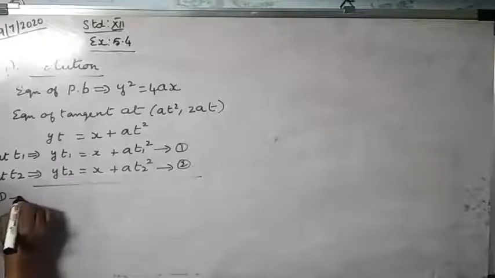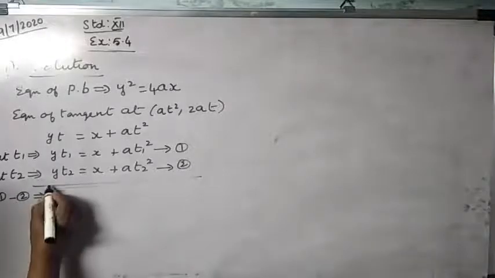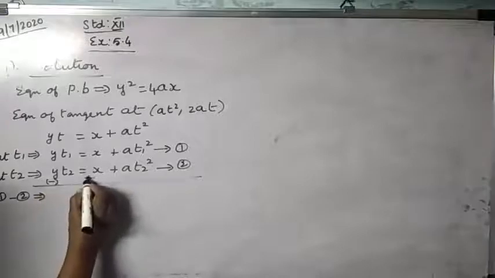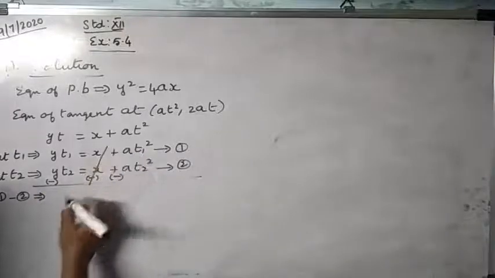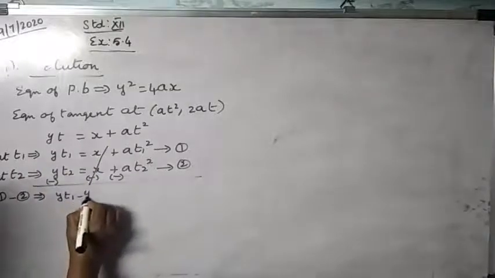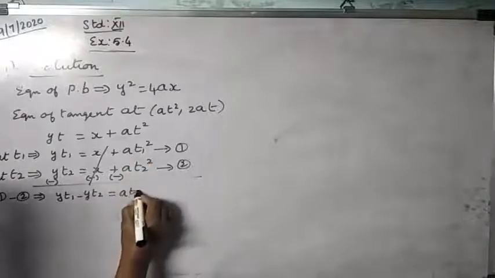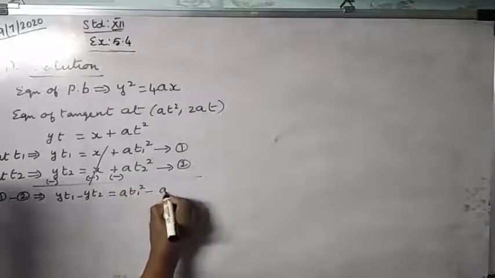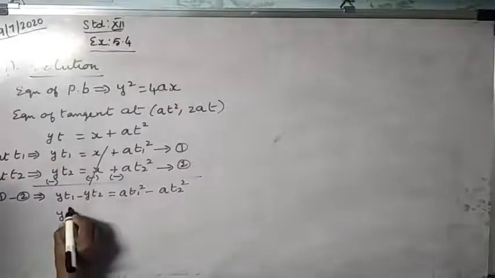So first equation minus second equation, which implies if you want to subtract, change all the signs in the second equation. So x minus x gets cancelled. Here y t1 minus y t2 is equal to, here it is a t1 square minus a t2 square. Now take y as a common term.